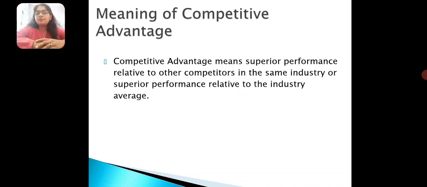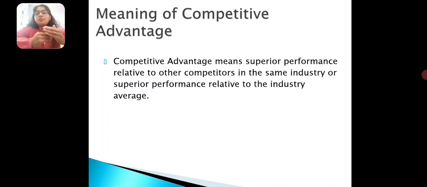What is the meaning of competitive advantage? Competitive advantage means the superior performance relative to other competitors in the same industry, or superior performance relative to the industry average. That means, being a business concern, your performance may be in terms of market share, maybe in terms of your popularity in the market, maybe in terms of the profit margin.